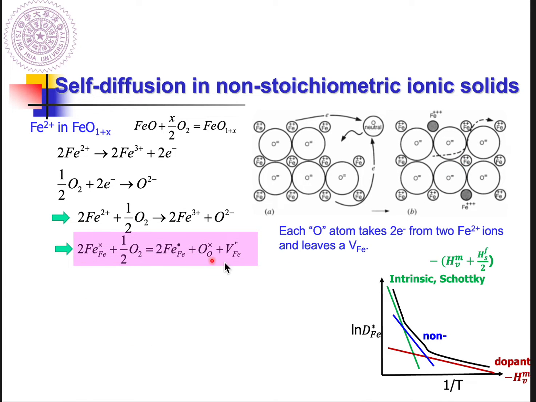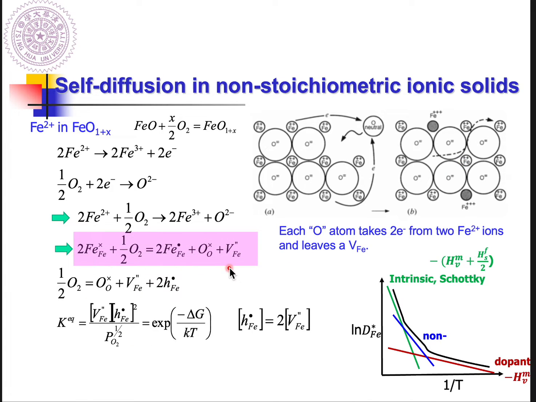So this is an important equation. In order to simplify this, I drop this term out. So in the beginning, we have oxygen gas, the oxygen at the oxygen site, with a neutral vacancy, and the holes with 1 positive charge, which you can consider as a hole at the iron site.